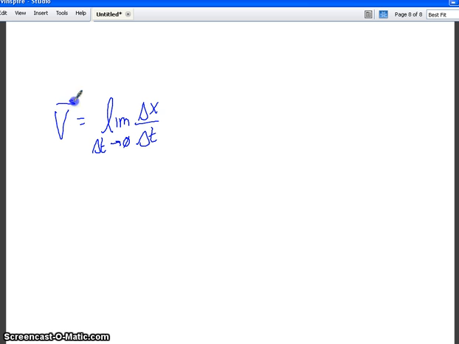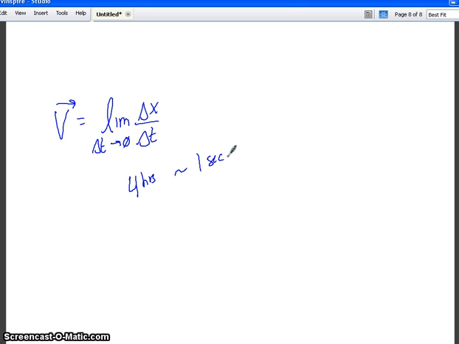We are not going to be using calculus in this course per se, but what we're trying to say is, as the change in time gets smaller and smaller, we don't want 4 hours, we want more like 1 second. How fast you are going at that specific second in time is going to be our instantaneous velocity.